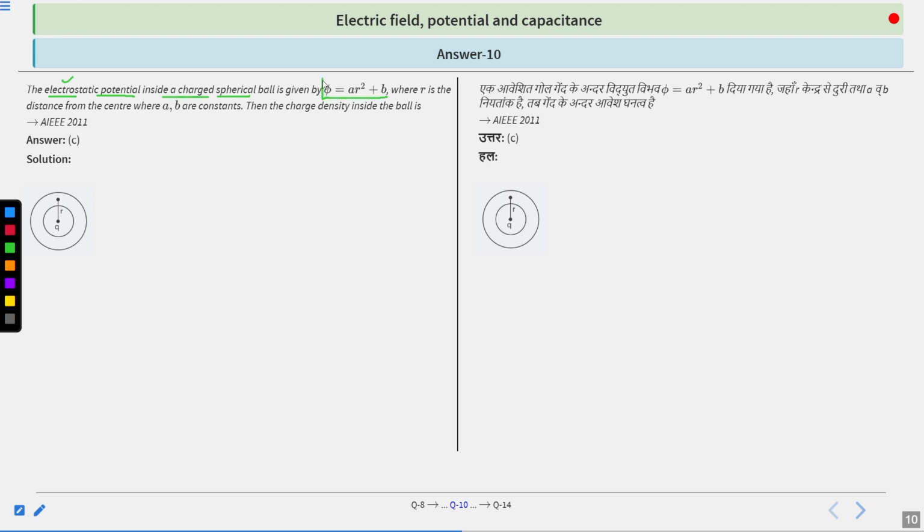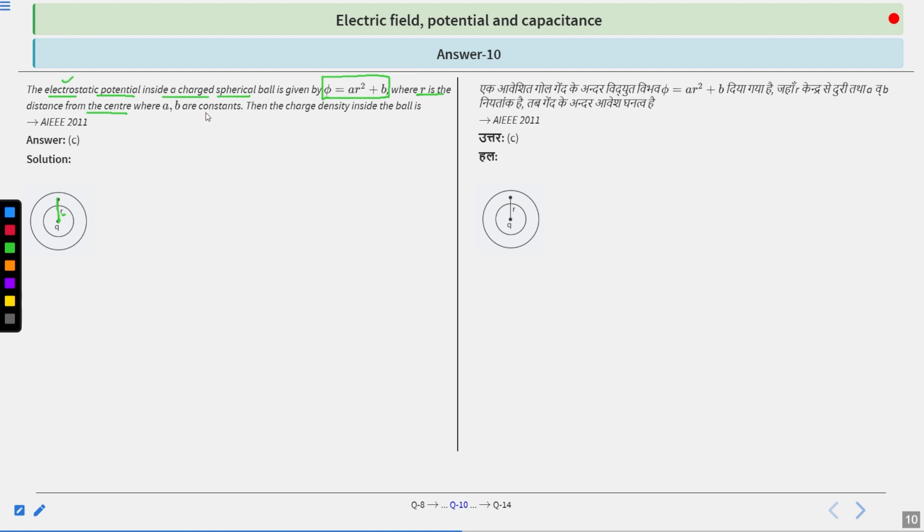This is the electrostatic potential which is given in this question, and r is the distance from the center. This is the center, and r is the distance. This r is the distance from the center. Clear?